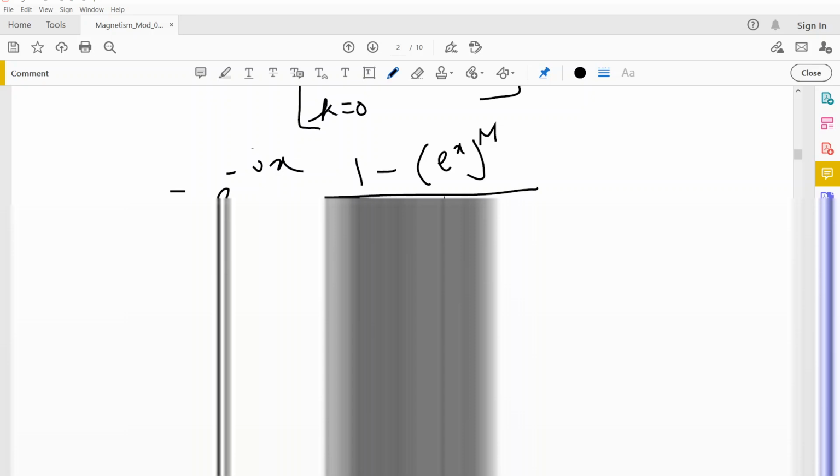And now multiply back with this factor again. So if you bring back the factor in, you will have minus e to the power jx, and here you will have e to the power j plus 1 times x, right? And on the denominator you will have e to the power x, 1 minus e to the power x, right?